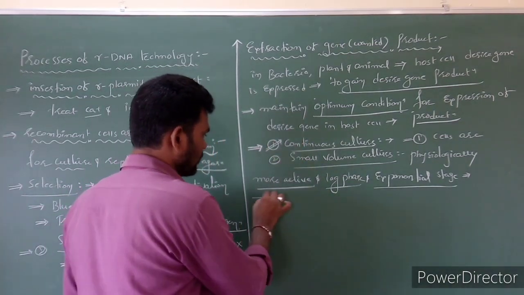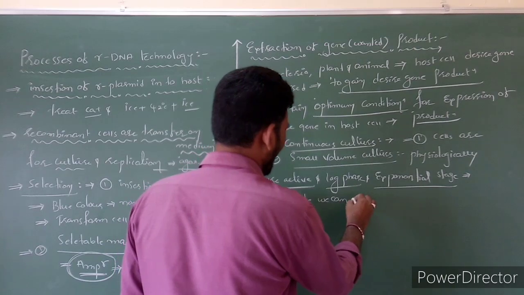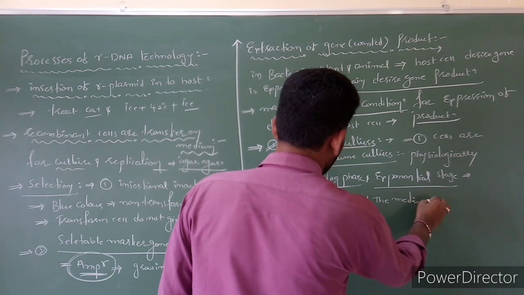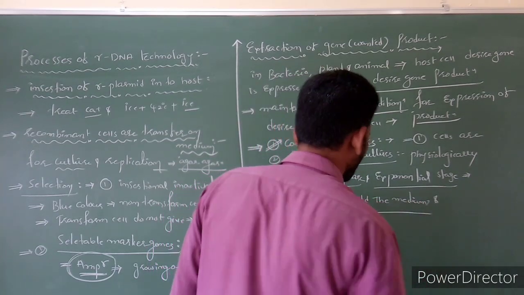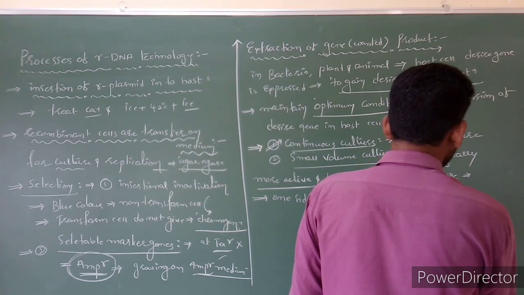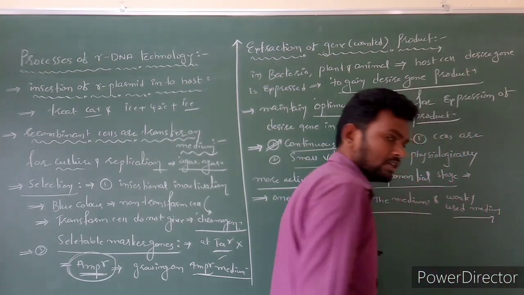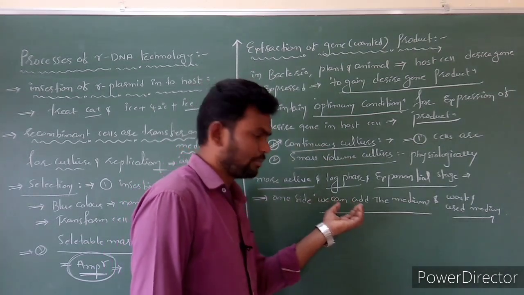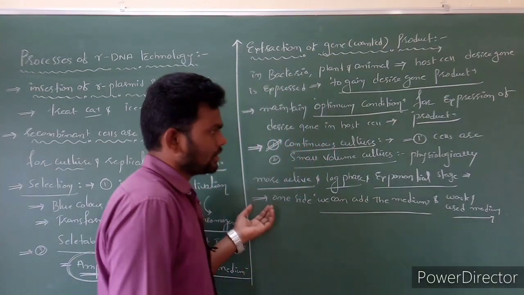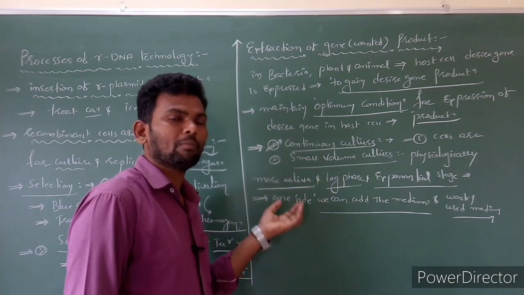Here from one side we can add the medium, and from the other side we can remove the waste or used or drained medium. Due to that, the material is continuously available to the bacteria, so it can multiply a number of times.